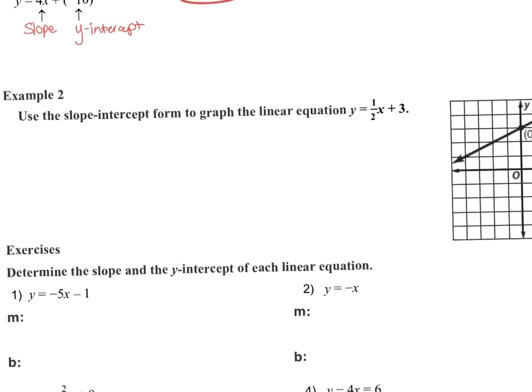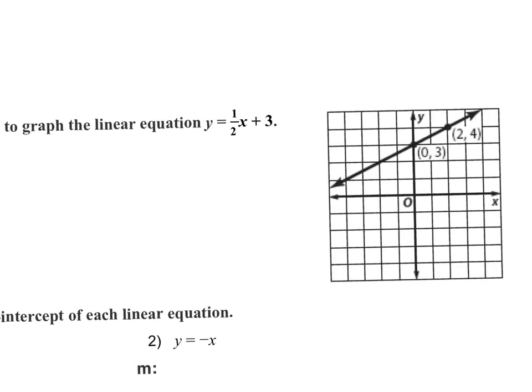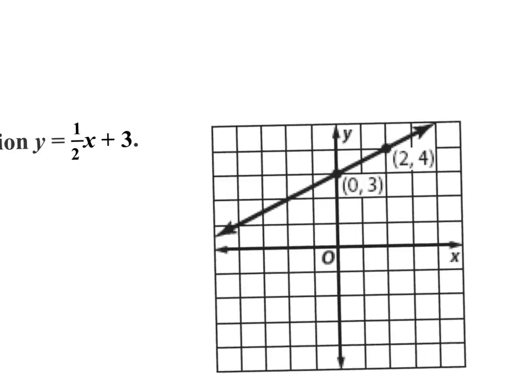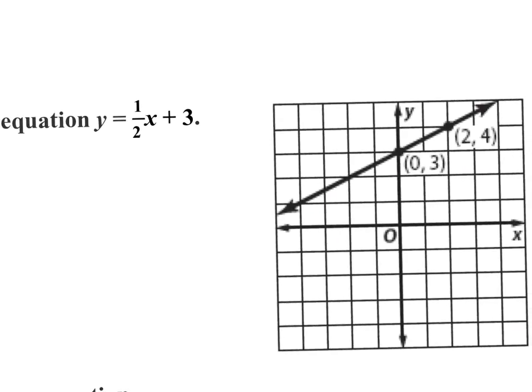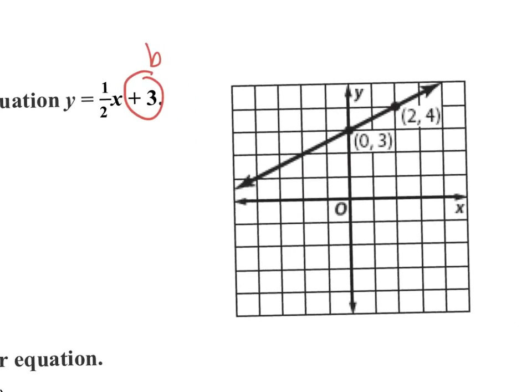Number 2, use the slope-intercept form to graph the linear equation y equals 1/2 x plus 3. It's already on your graph, but if it wasn't, an easier way than yesterday's big long tables is to start with your y-intercept. That's your b, your starting point. If they give you that y-intercept, that's your first point on the y-axis, so they put a point there at (0, 3).